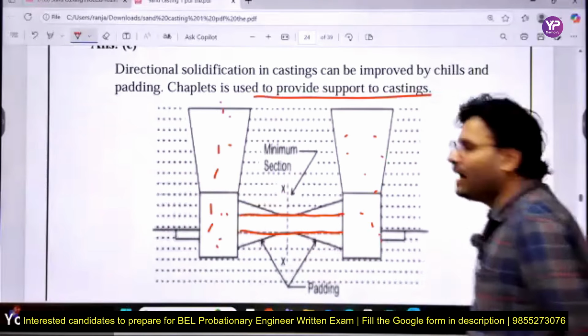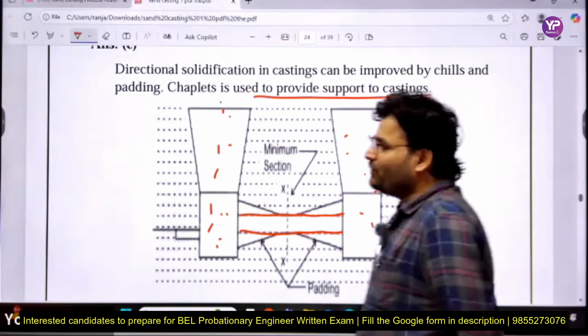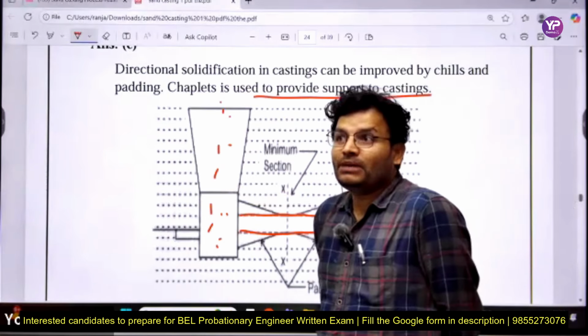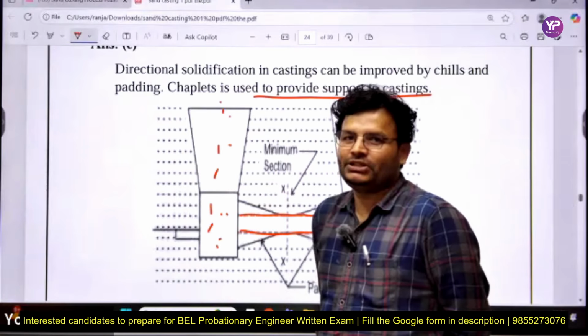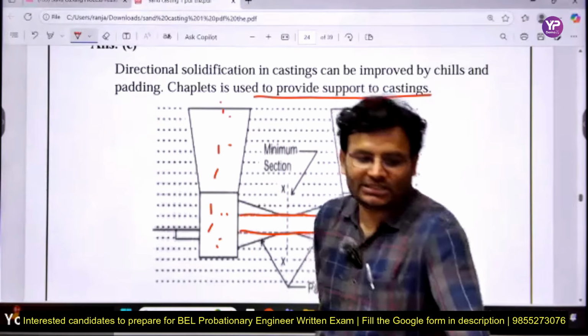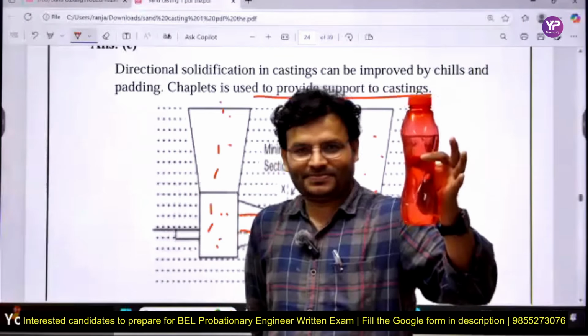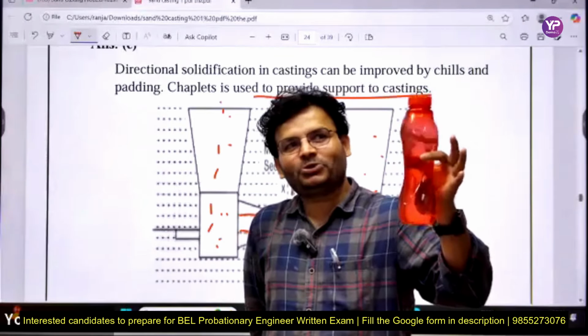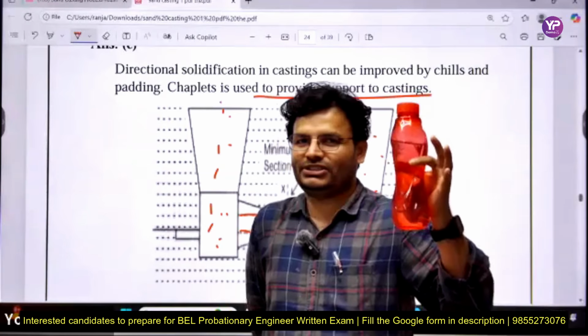Now, if I need directional solidification, you know, my dear friends, wherever a larger amount of substance is there, it requires more heat to change phase. Just take 1 kg of water and 1 quintal of water, and in both cases you have to change the phase.